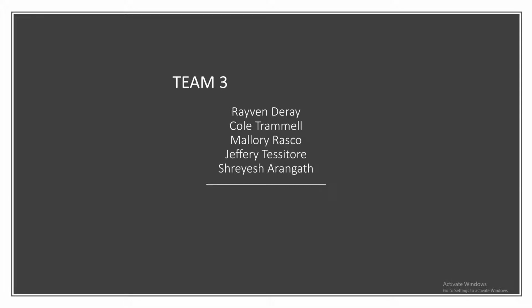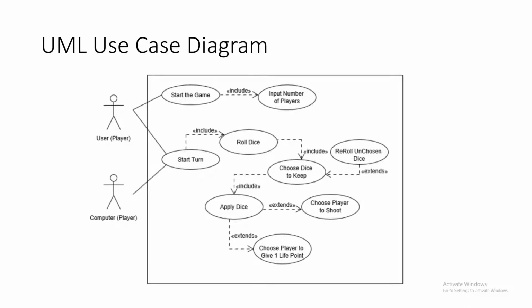First off is the UML use case diagrams by Mallory. This is the basic instructions and walkthrough of the game. Of the players of the game, there are two types. The user is one, and then all the other players are controlled by the computer. The user can follow two basic paths.